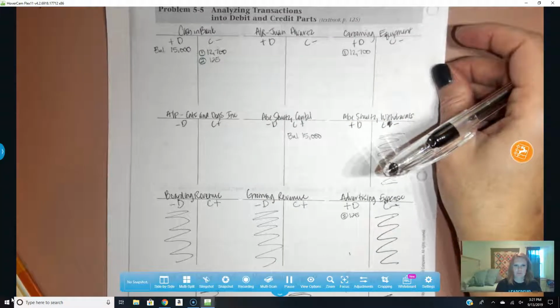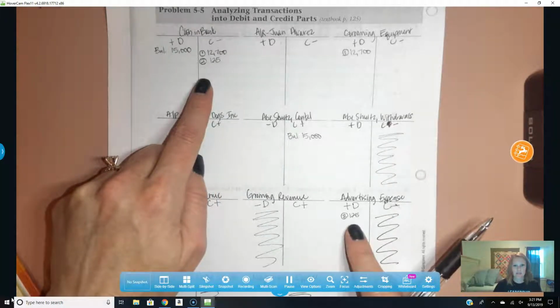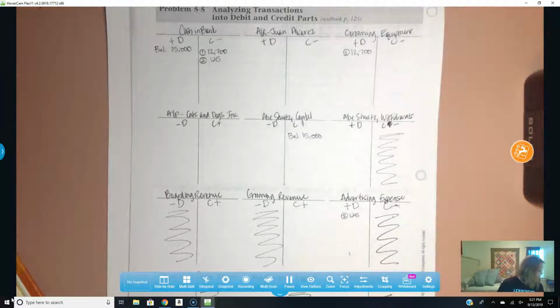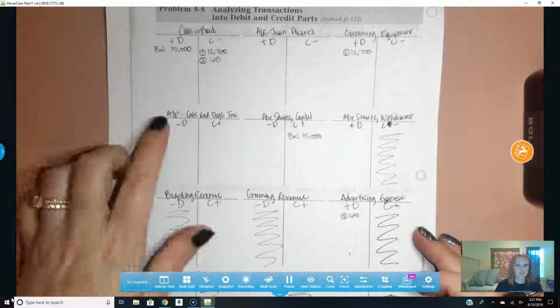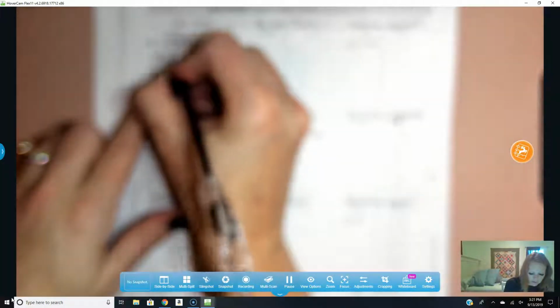Okay, so number 2, we decreased cash, but we showed that we spent money on advertising expense. Okay. All right, number 3, we received $1,850 cash for dog boarding services. So we received cash, and it's increasing. So 3 for $1,850.